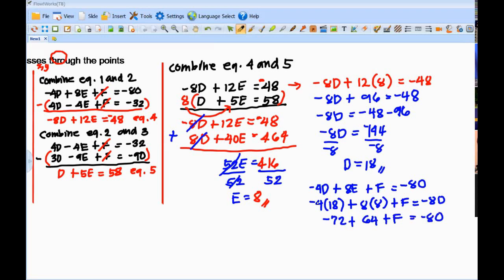So -72 plus 64 equals -8. Minus 80. Wait.